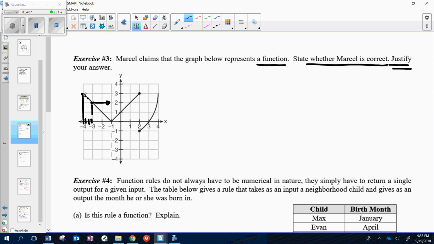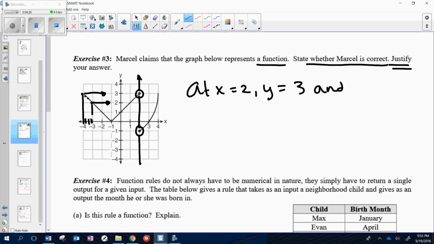If you go up to the graph and over, it only has one y value. However, when I get to 2, I'm noticing that at x equals 2, I have a y value at 3 and a y value at negative 1. This is not a function.